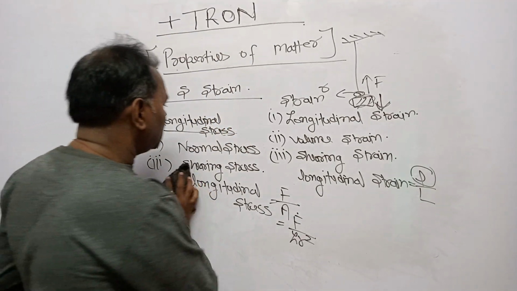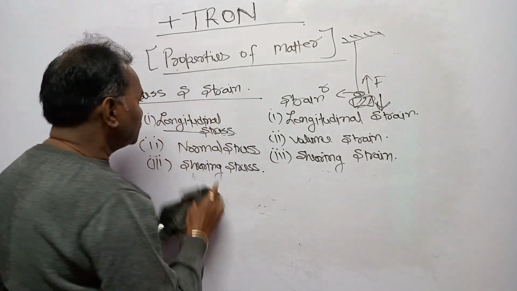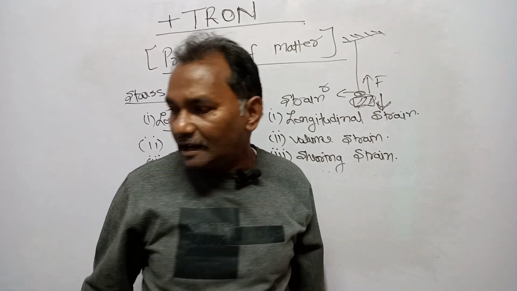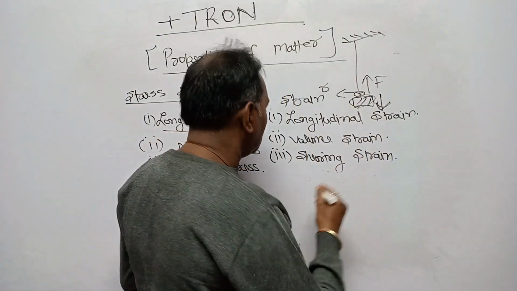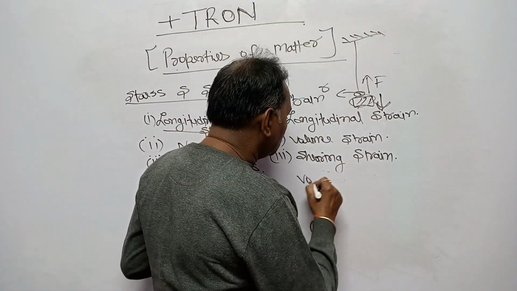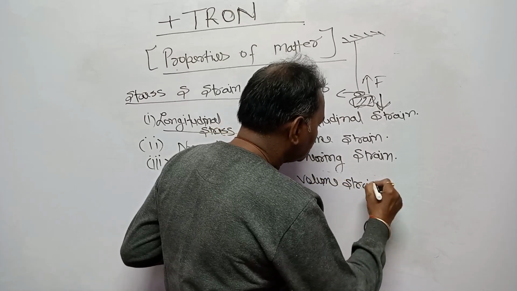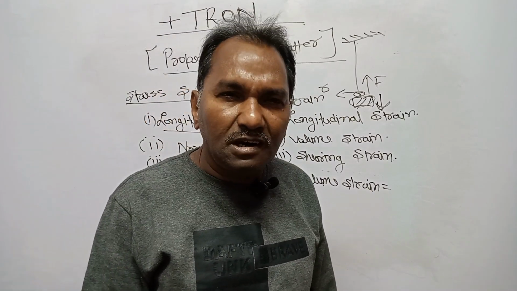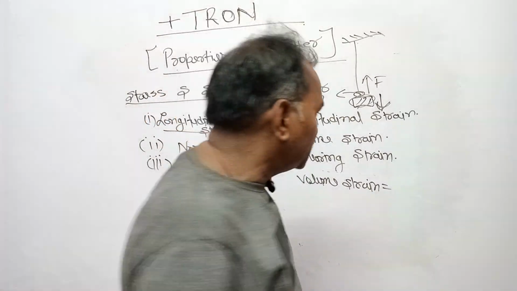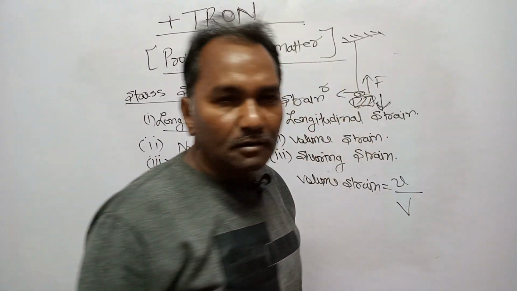Now let's move ahead. The second one, dear students, is the normal stress that causes the volume strain. Volume strain is what? Volume strain is the change in volume divided by original volume.